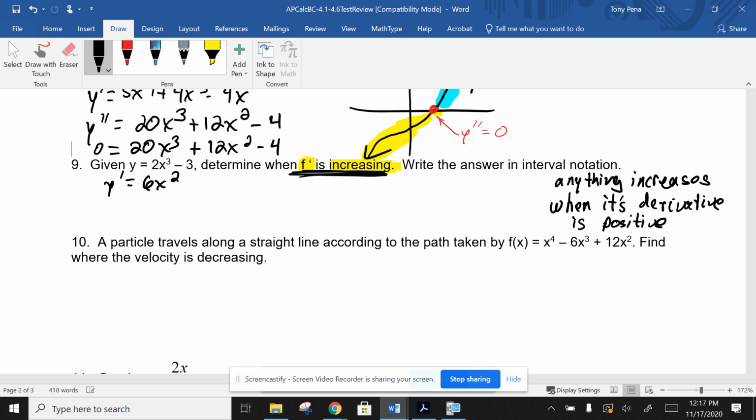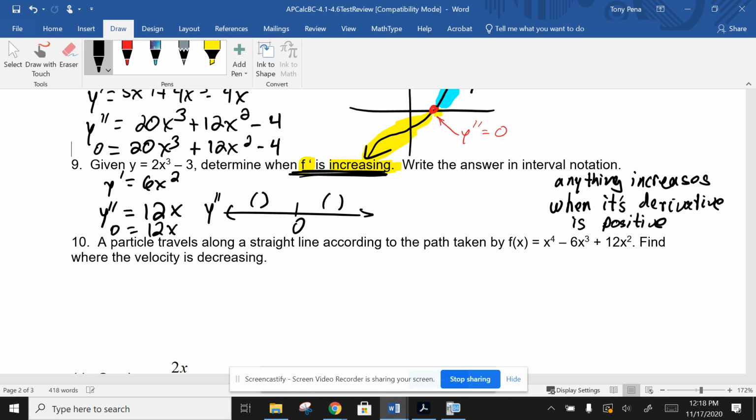So there's f prime. If I want to know when f prime is increasing, it would be when f prime's derivative is positive. All right. So this really means I want f prime's derivative first, which is now actually going to be our second derivative. That's what we're going to set equal to a 0. And then that's what we're now going to be testing.